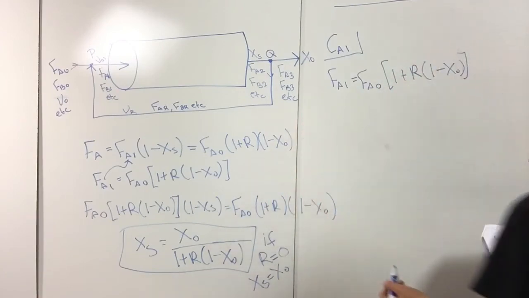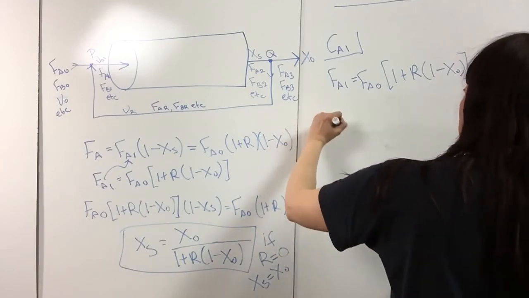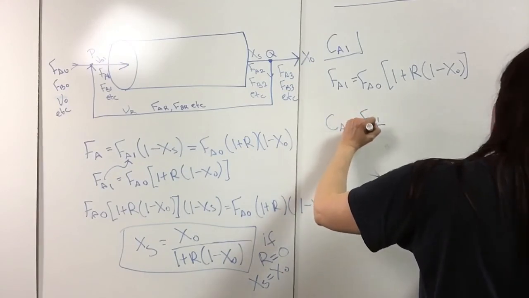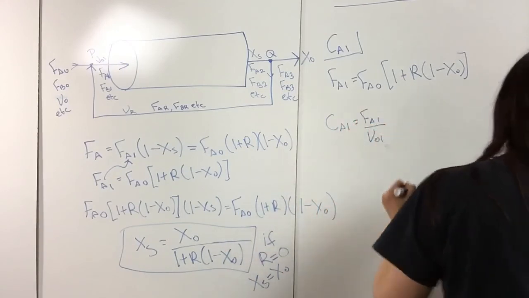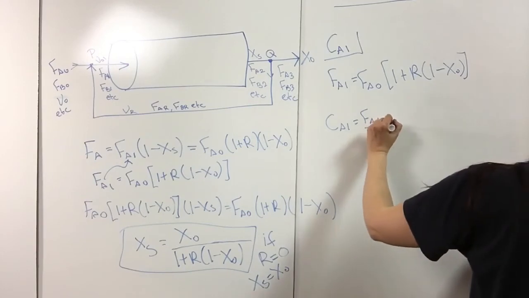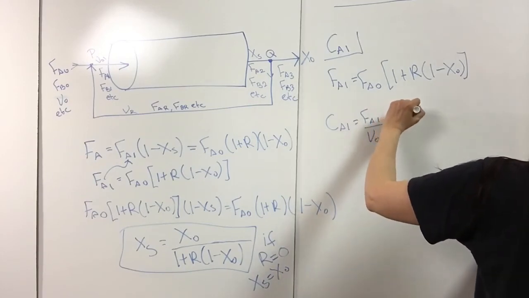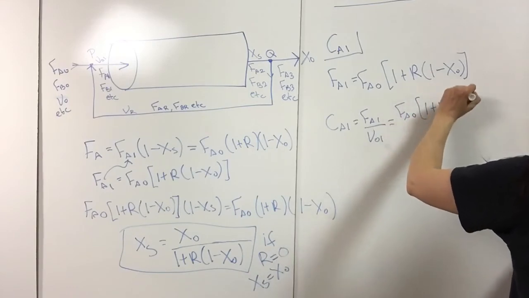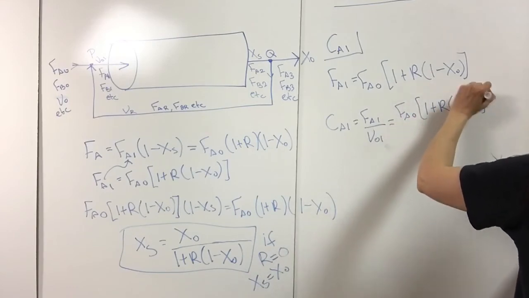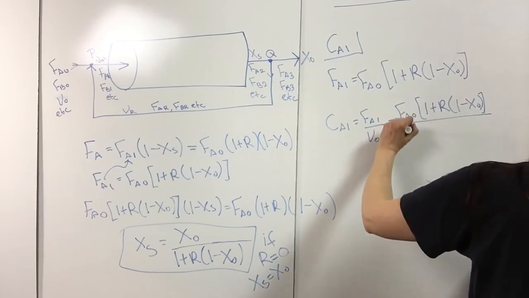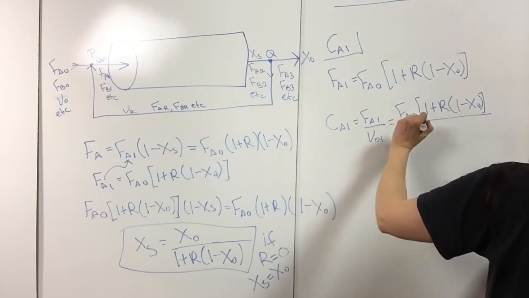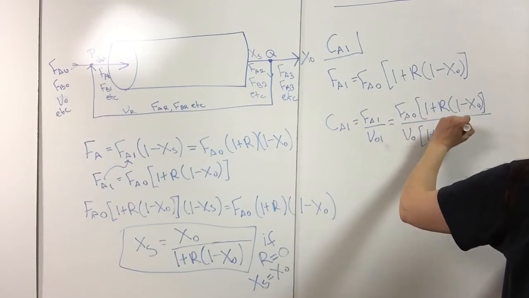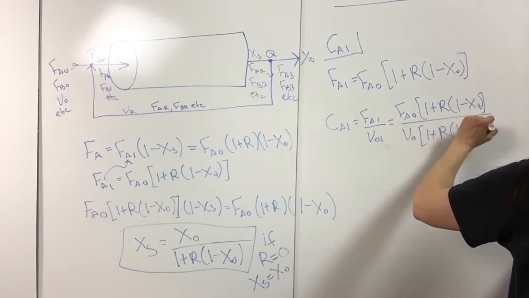And then to get CA1, you should just be able to divide FA1 by V naught 1. So this is equal to FA naught 1 plus R 1 minus X naught over V naught 1 plus R 1 plus epsilon naught X naught.